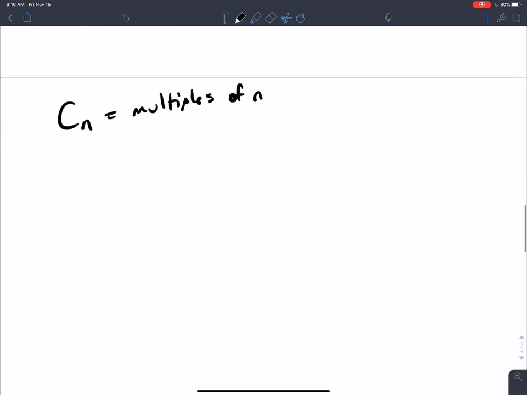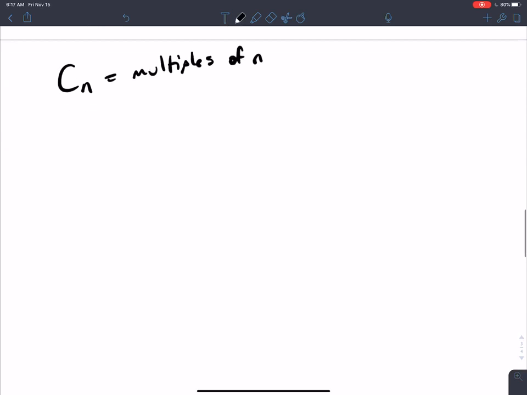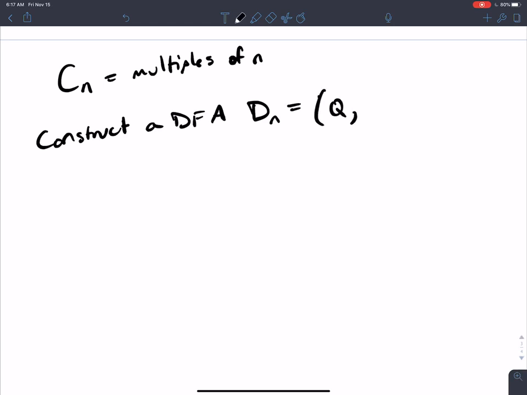So let's do this formally. Let's construct a DFA. I'm going to call it D sub n because it depends on the n here. So it's going to be some set of states, sigma, delta, Q0, F as usual.